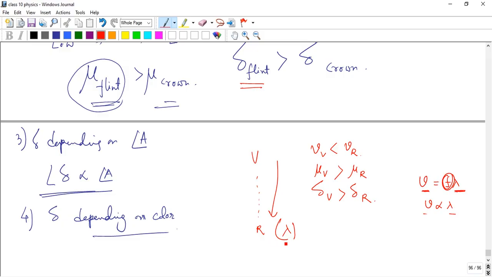So lambda of violet is less than lambda of red. As we saw previously, violet deviates more than red. Clear?